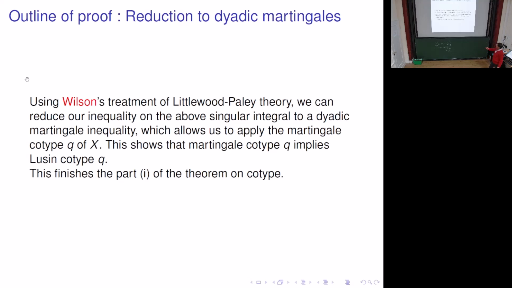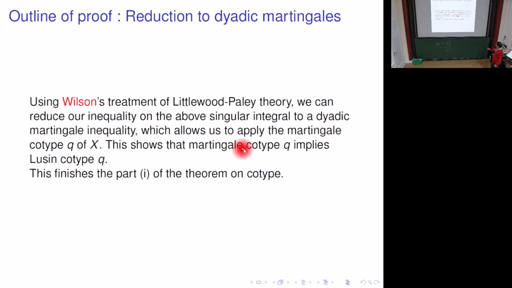Now we have to use martingale inequalities. In fact, the martingales we use here are the so-called diagonal martingales. We use Wilson's treatment of Littlewood-Paley-Stein to reduce our cotype Q inequality to a martingale inequality.